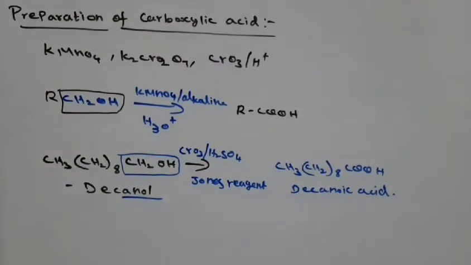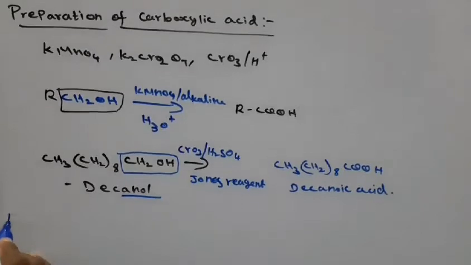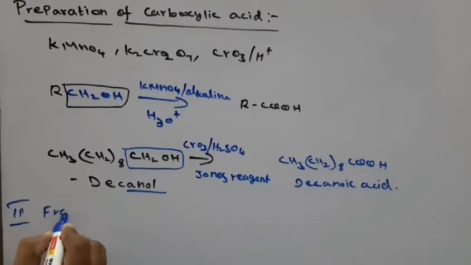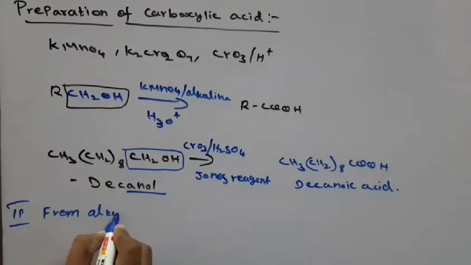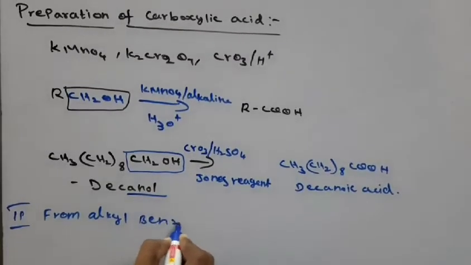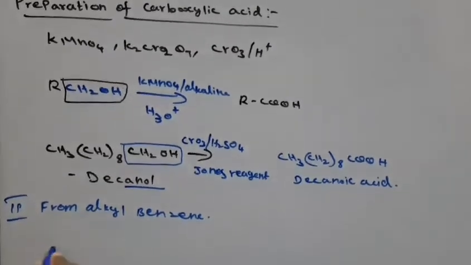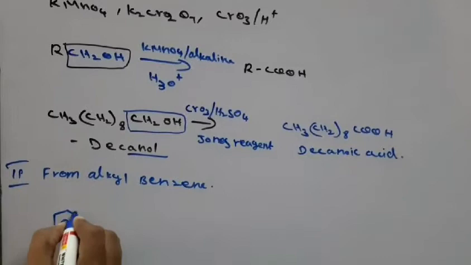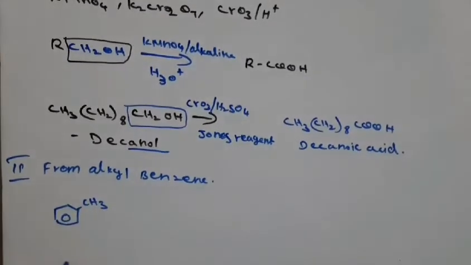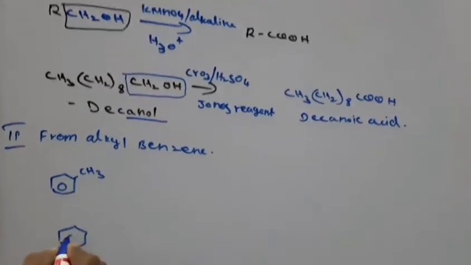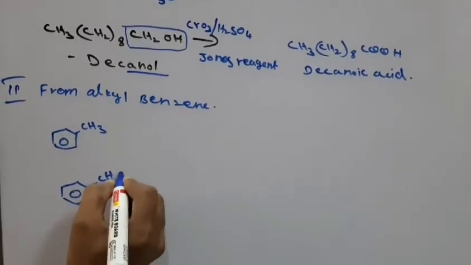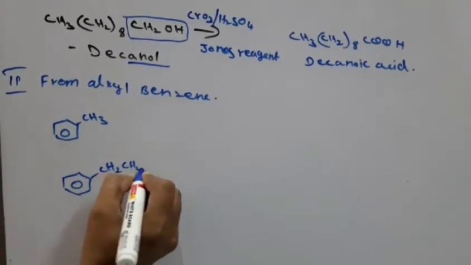Then the second method of preparation is from alkyl benzenes. So this alkyl benzene is one benzene ring substituted with any alkyl group. Here CH2, CH2, CH3.